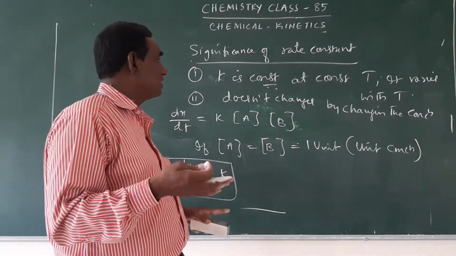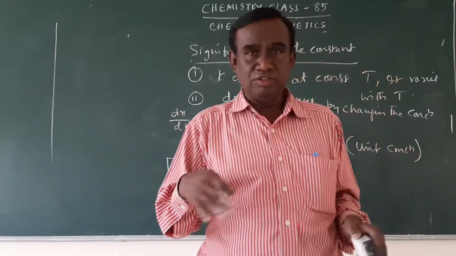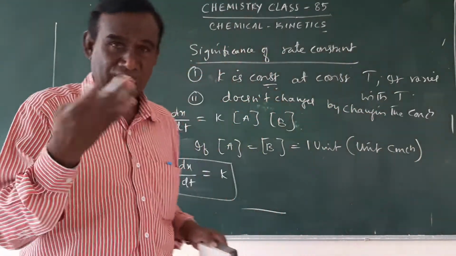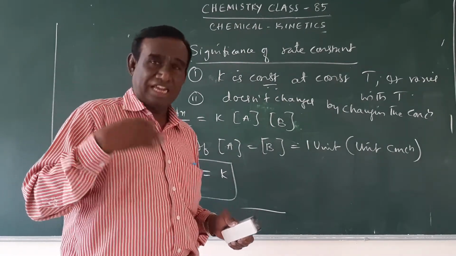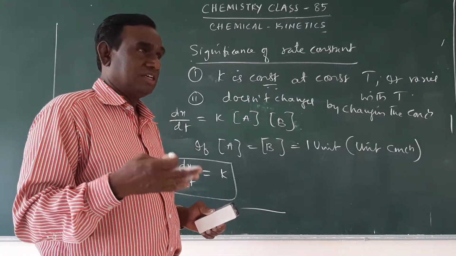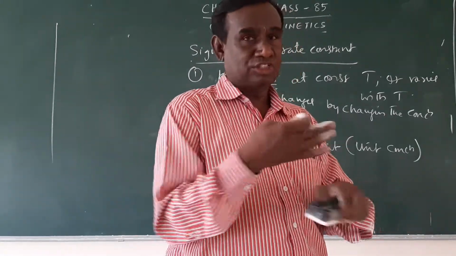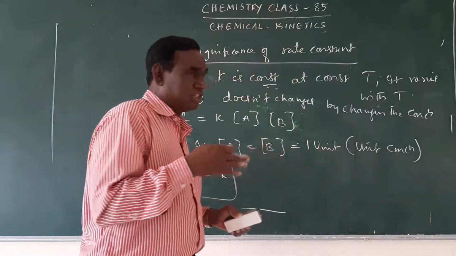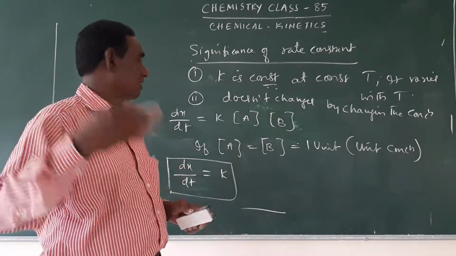When does the rate constant value change? It changes when the temperature is increased. A catalyst can increase the rate of the chemical reaction. A catalyst also does not change the rate constant value, but a positive catalyst will increase the rate of the chemical reaction.